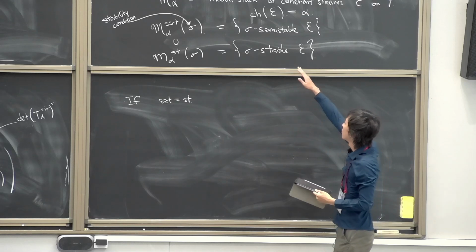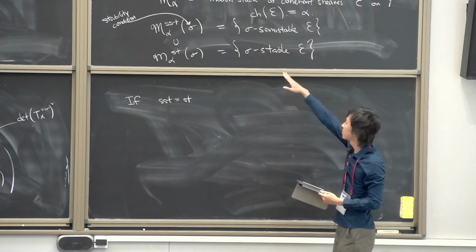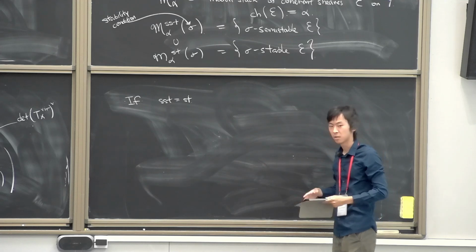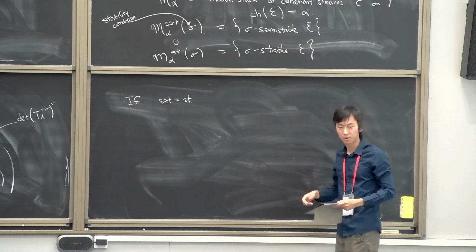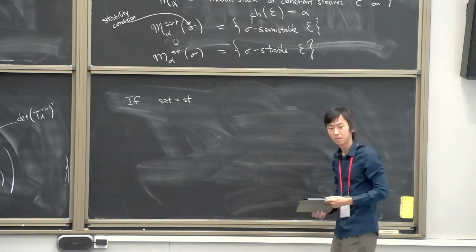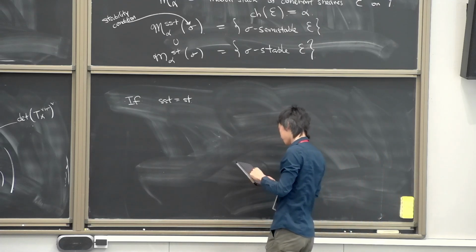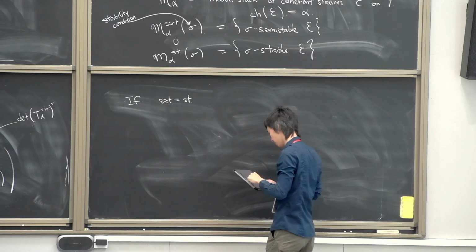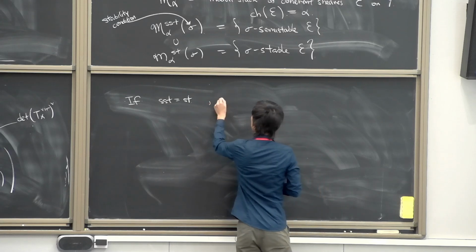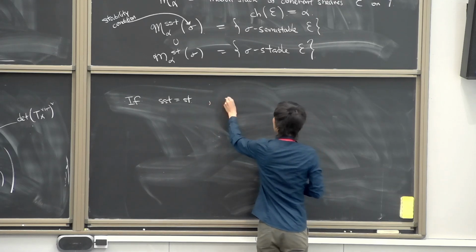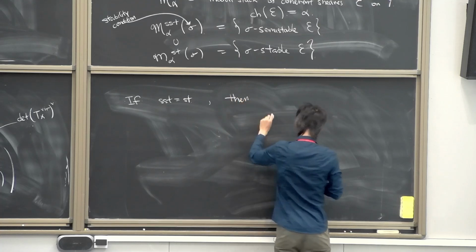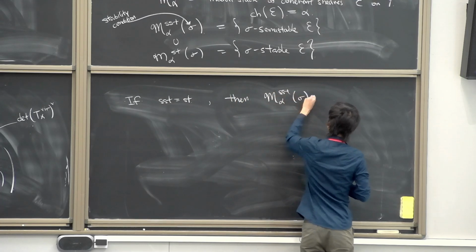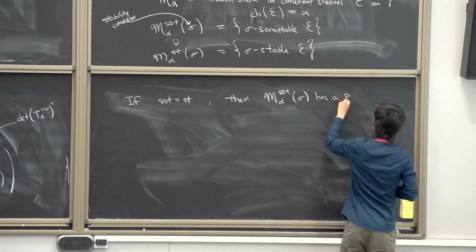So there I wrote some moduli stack, and these stable and semi-stable loci are really loci inside the rigidification of the moduli stack, where you get rid of the C star that you're thinking of. Yeah, there are some technicalities here which I really don't want to focus on. But in the case where you have no strictly semi-stable objects, then the sigma semi-stable locus has a perfect obstruction theory.